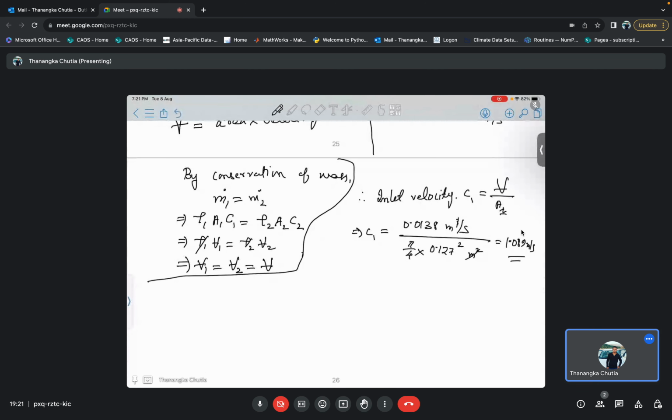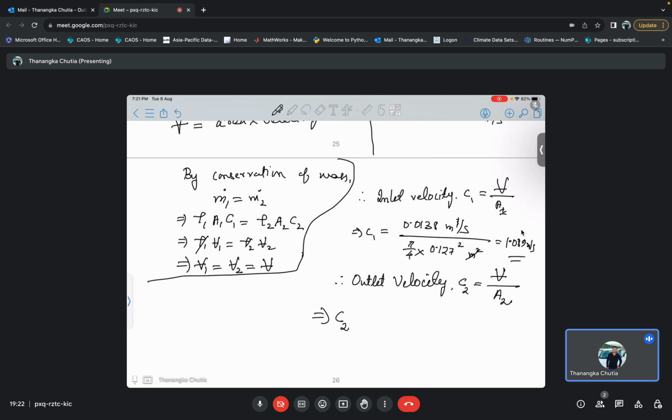Then similarly you can get the outlet velocity c2, which is equal to the volumetric flow rate divided by A2.